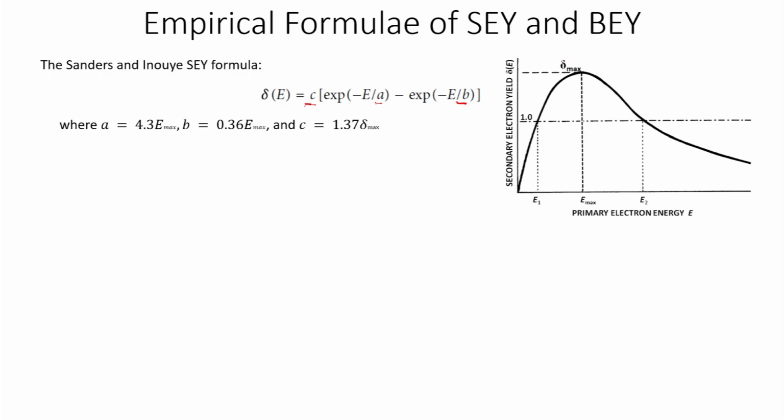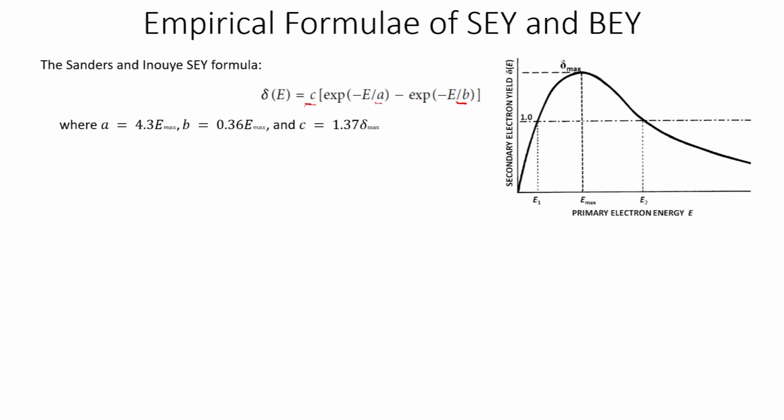Once you have this empirical formula, which is something like curve fitting of the experimental data, it can be used to compute the delta corresponding to a particular energy.